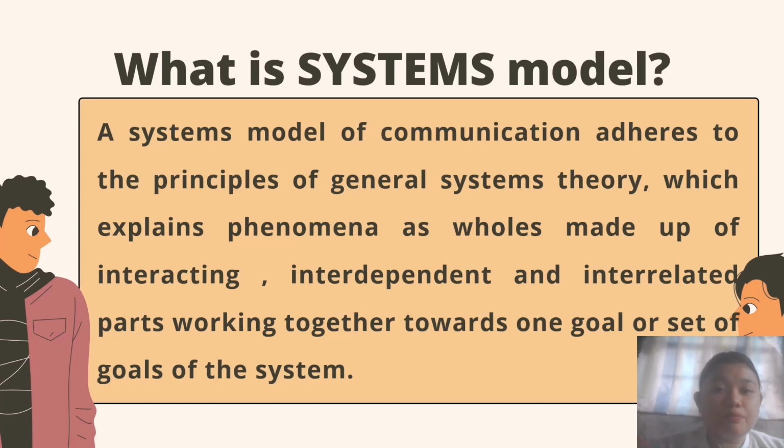Which means, compared with the unilinear model that emphasizes the dominance of a certain element, here in the systems model, all the elements play a very important role in effective communication as a whole. Meaning to say, all the elements involved in the process of the model are interdependent on one another, so that they can provide an effective communication as a whole.